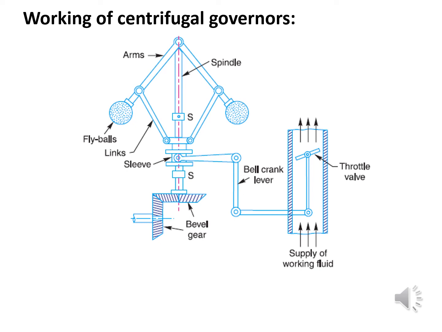The downward movement of the sleeve operates a throttle valve at the other end of the bell crank lever to increase the supply of working fluid, and thus the engine speed is increased. In this case, the extra power output is provided to balance the increased load. Vice versa, when the load on the engine decreases, it can be understood in the same way.